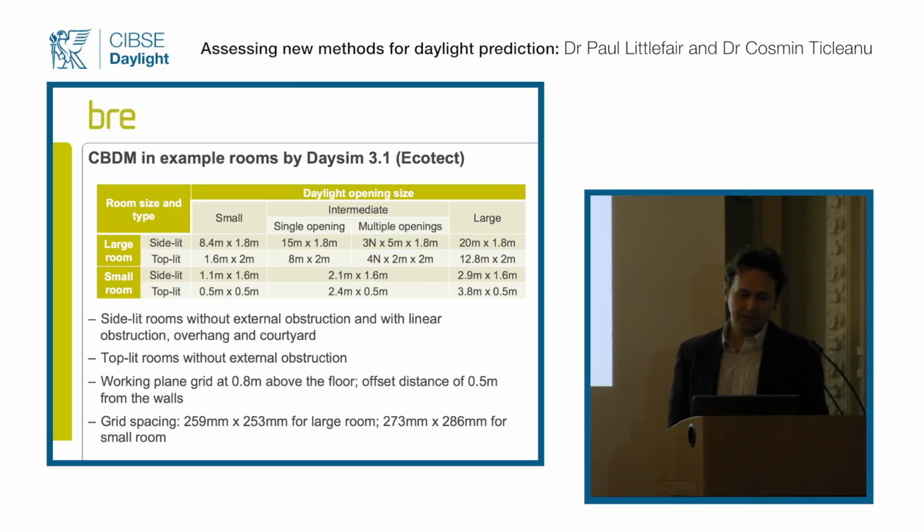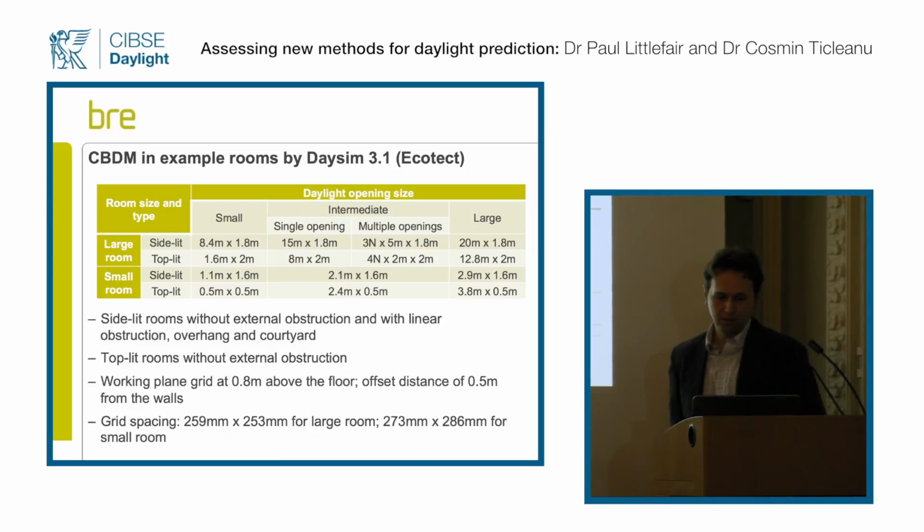Again, we considered the same external obstruction scenarios for the side-lit rooms and no obstruction for top-lit rooms, working plane grid 80 centimeters above the floor, and in this case we considered an offset distance of 0.5 meter from the walls, and that's the grid spacing for the large rooms and small rooms.